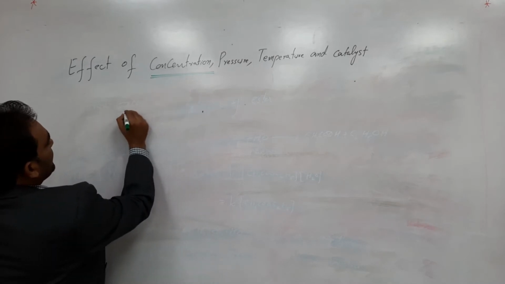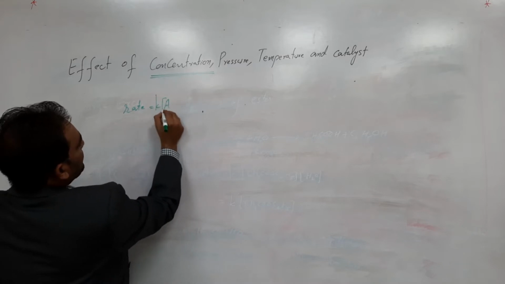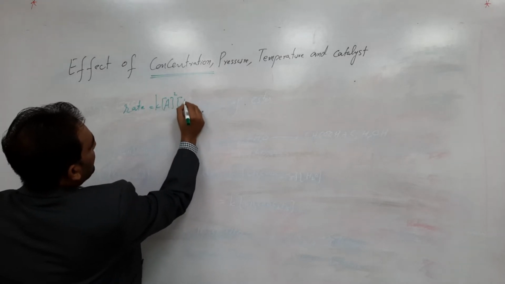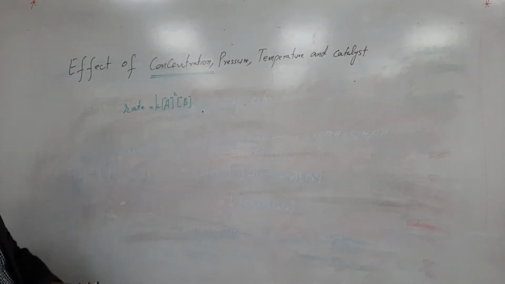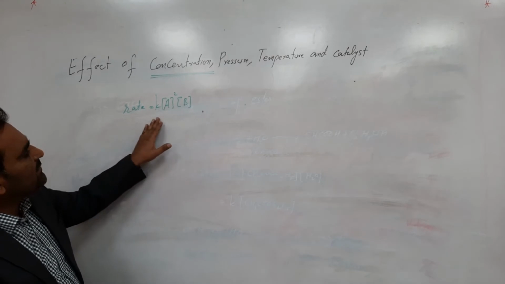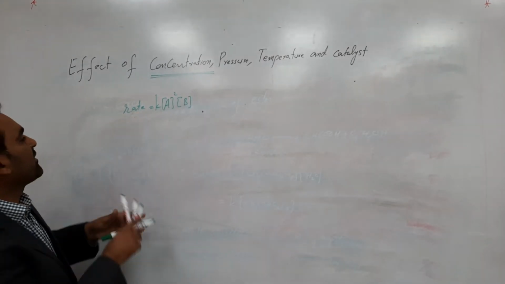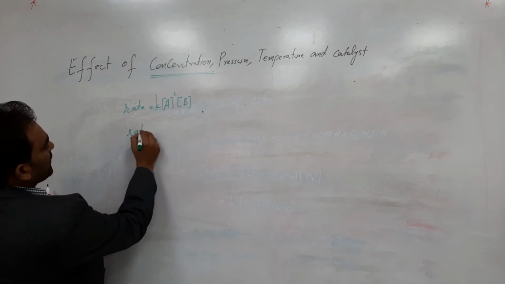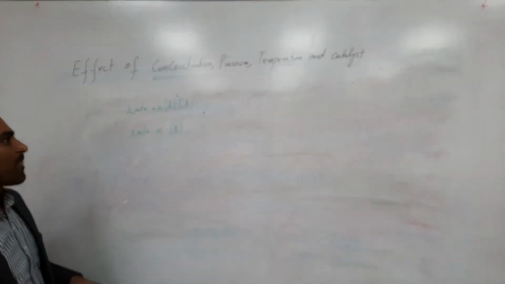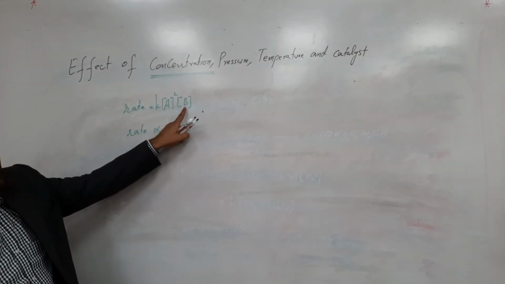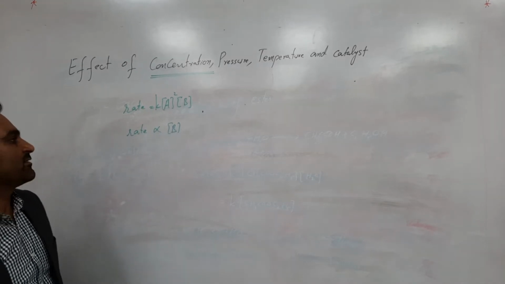Suppose we have a rate with reactants A and B, like this. Now, if you increase the concentration of B, the rate will be increased, because rate is directly proportional to the concentration of B. If you decrease the concentration of B, the rate of reaction will be decreased.